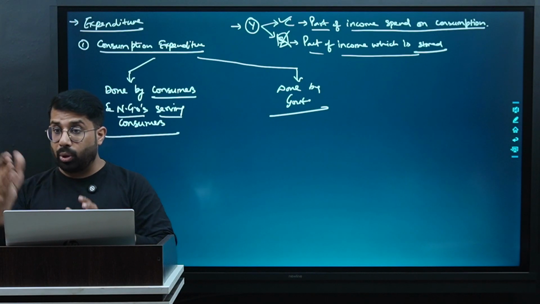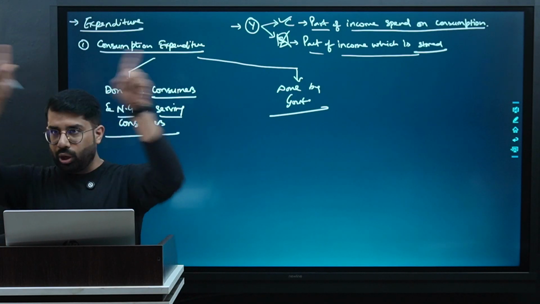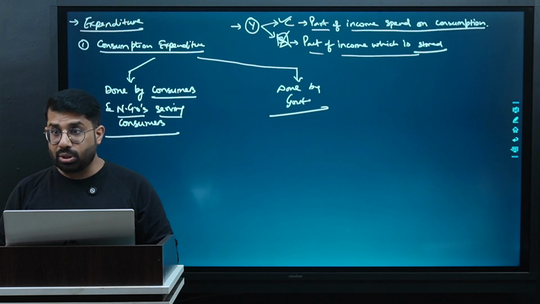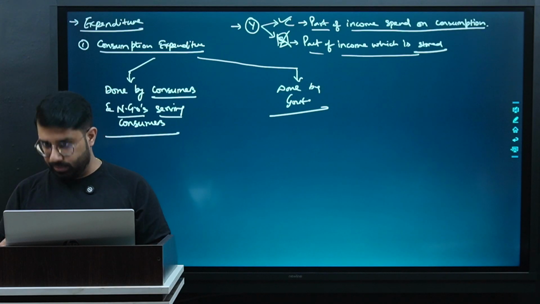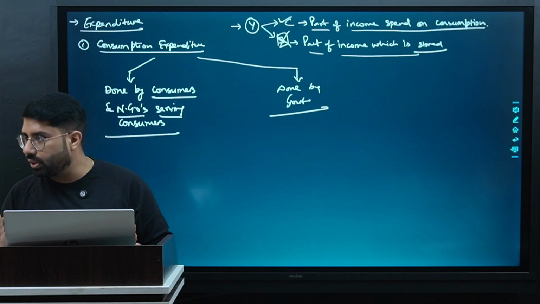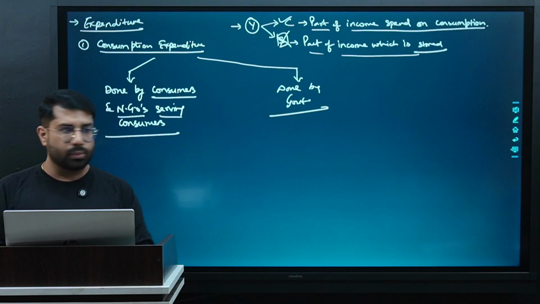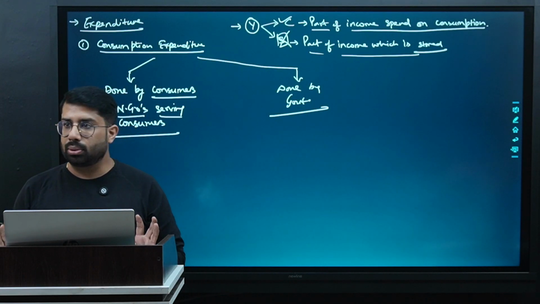It is not about you or me. I am talking about the economy as a whole, because the moment I start talking about you or me, it will not be macroeconomics. It will become micro, a very specific thing. Yes or no? So in general, I'm saying. Anything else? Any other doubts?